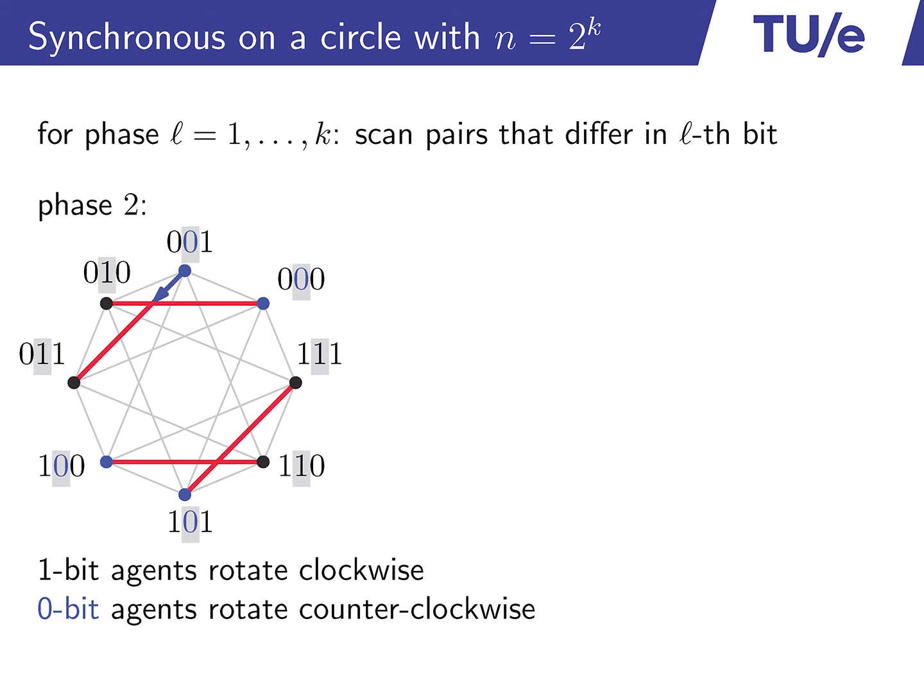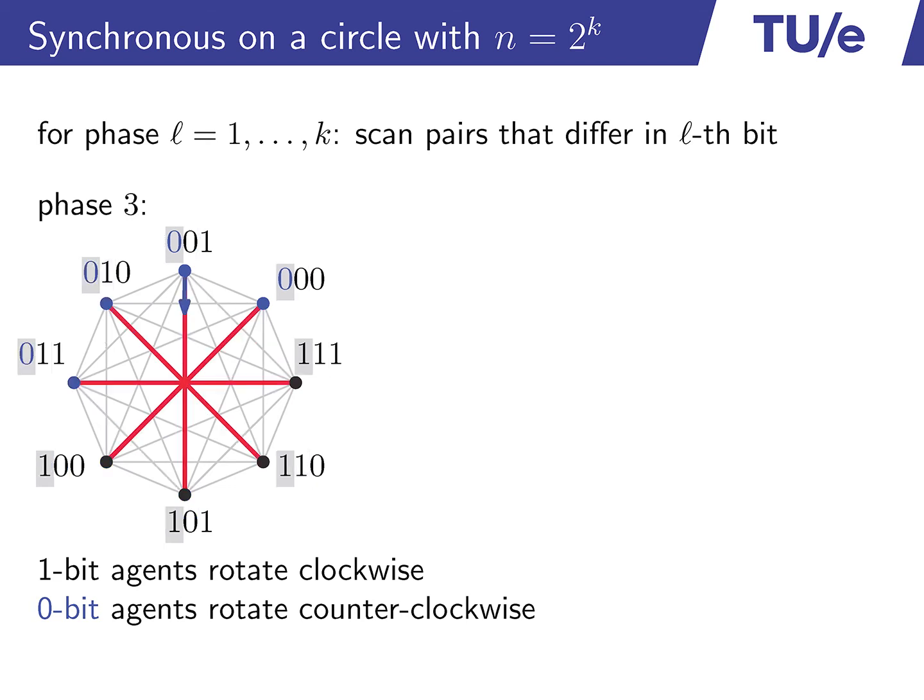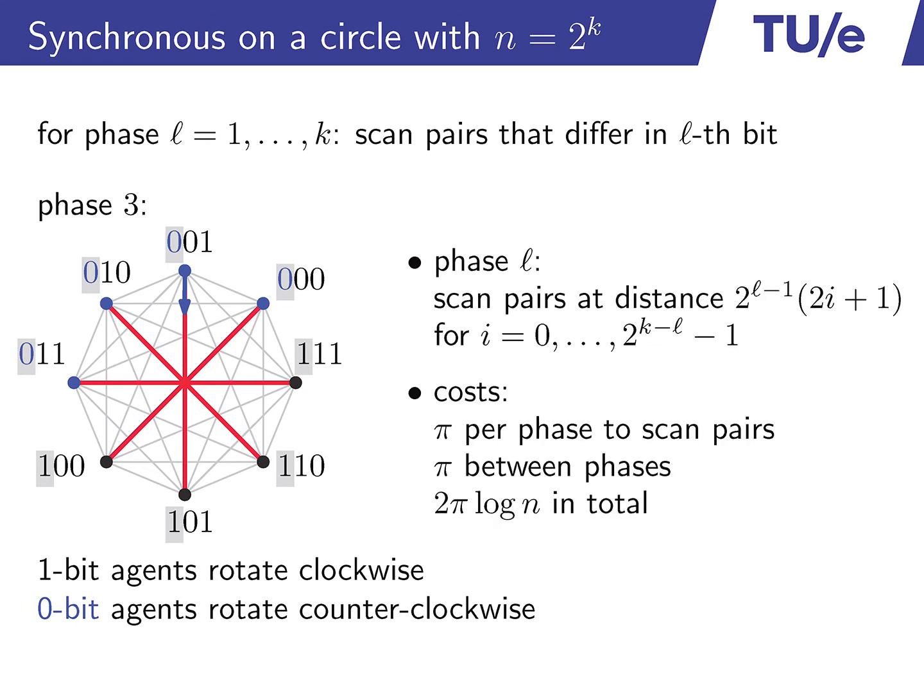To start with the next phase, each agent rotates to the first unscanned agent in the direction of the next phase. Now we scan all pairs we haven't scanned yet and differ in the second bit. Finally, in phase 3, we scan the agents that only differ in the third bit. Within a phase, an agent rotates at most by an angle of pi.